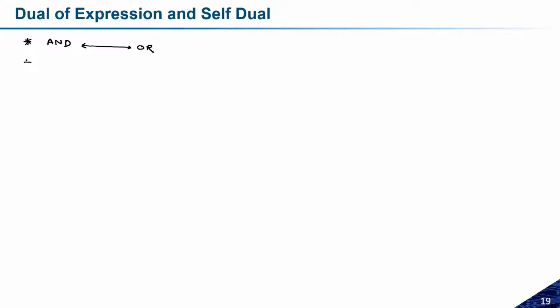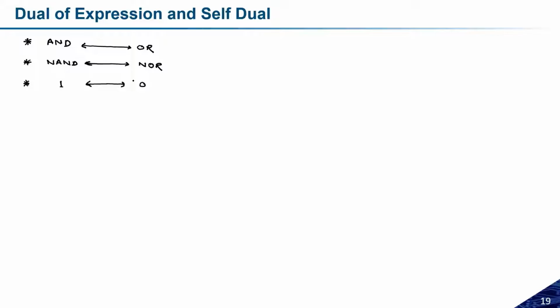Second point that you should remember: if it is in the NAND form, then I have to convert it into the NOR form. Third point: if the output is at logical 1, then I need to convert it into 0, and vice versa.